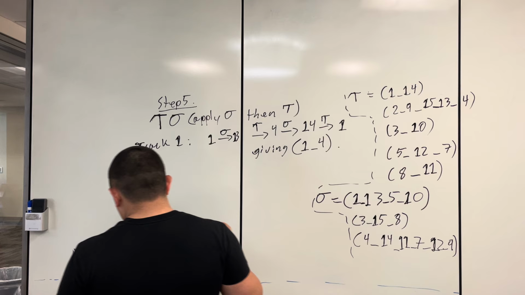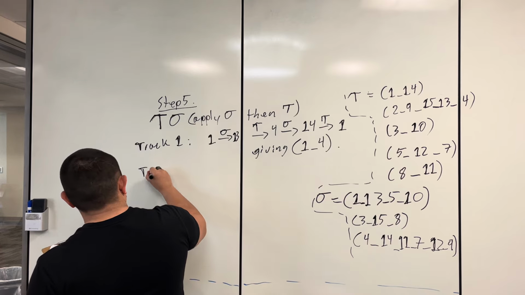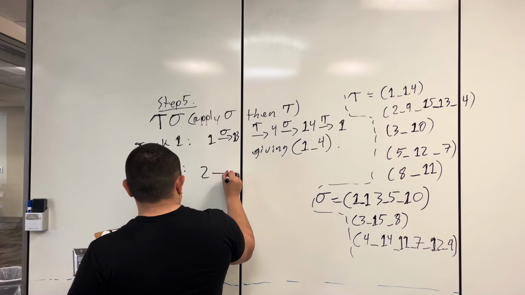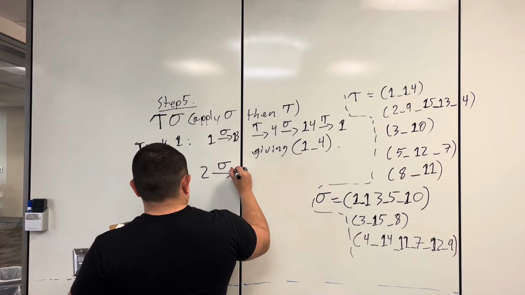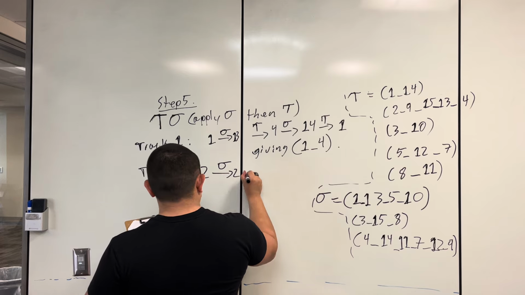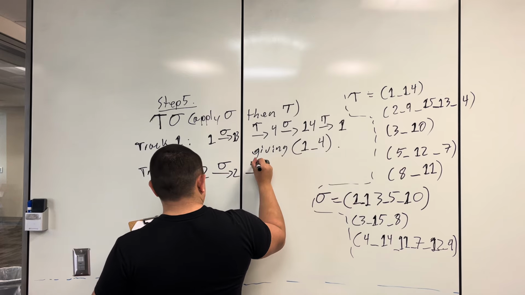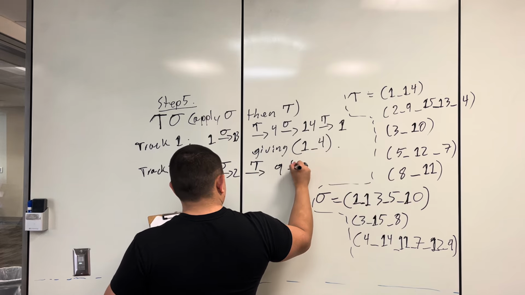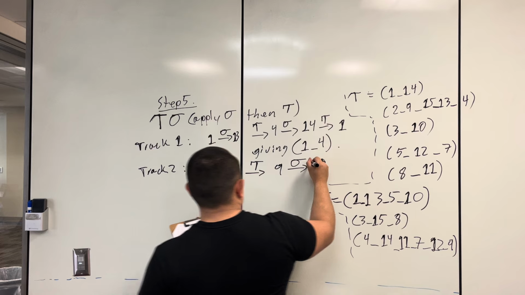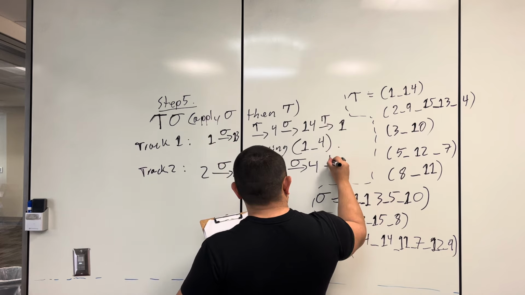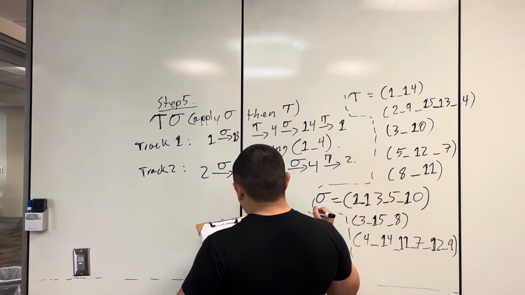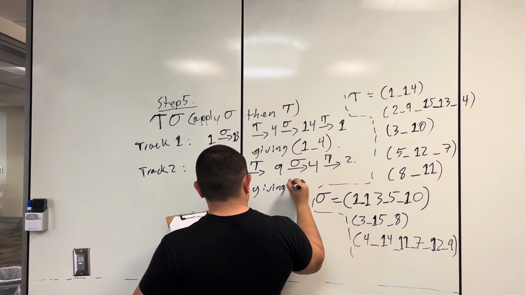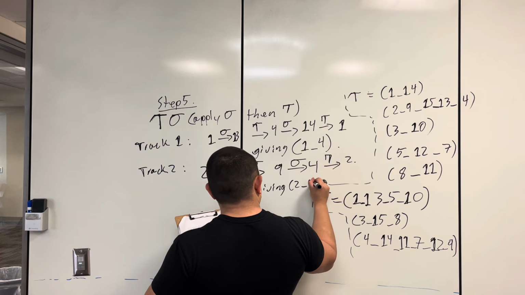And then we track 2: sigma to 2, tau to 9, sigma to 4, and tau to 2, which would give us (2 9).